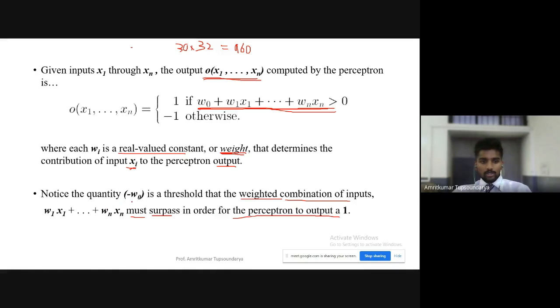If the quantity minus W naught is the threshold that this linear combination must surpass, surpass for what? In order for the perceptron to give the output as 1. So that will be the threshold.